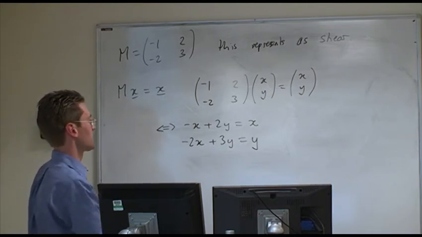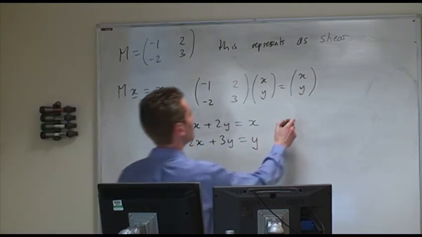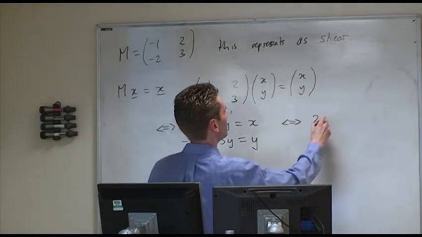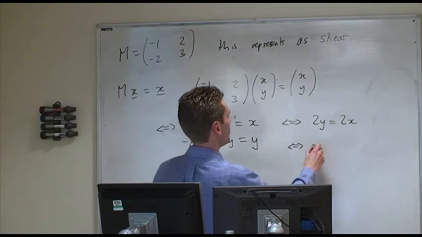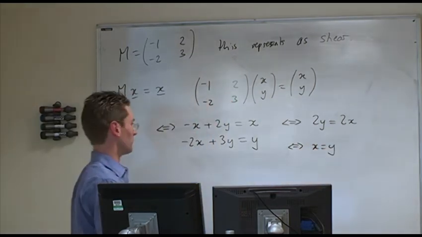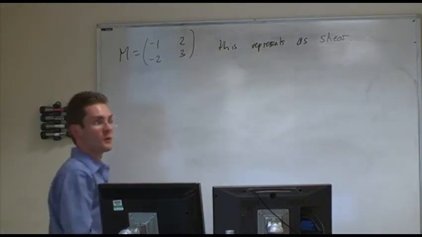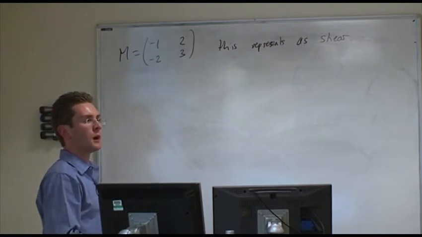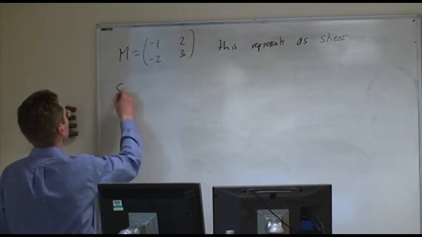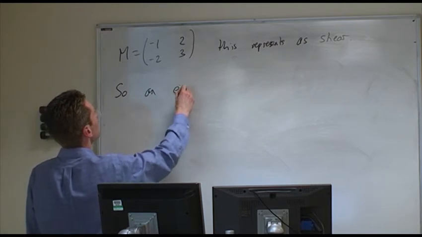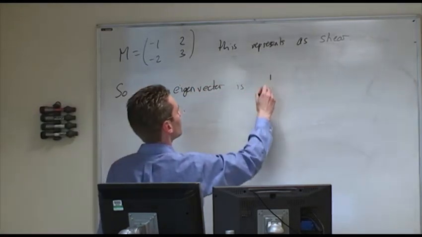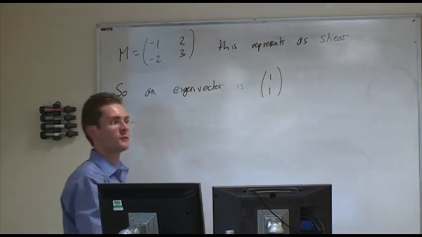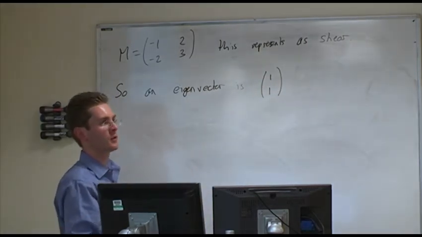These collapse down to give me the same equation. Let's move x over here. So I get 2y is equal to 2x. Of course, that simplifies to x equals y. The question actually just asks us for one eigenvector, so an eigenvector is 1, 1. Or I could choose any non-zero scalar multiple of that.